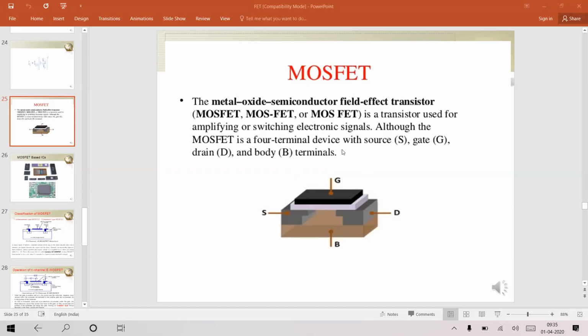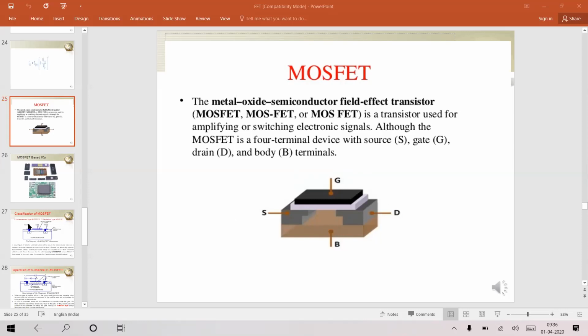So this is a structure, how it looked like. This B terminal, don't worry, for your level that discussion is not required. This body is discussed while fabricating the device itself. Our higher semester students, when they study the VLSI subject, they discuss this. But for connectivity and symbolic representation, these three terminals, gate, source and drain, are important, and if you know that, that is more than enough.